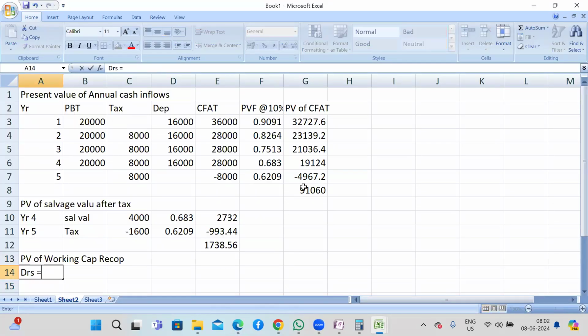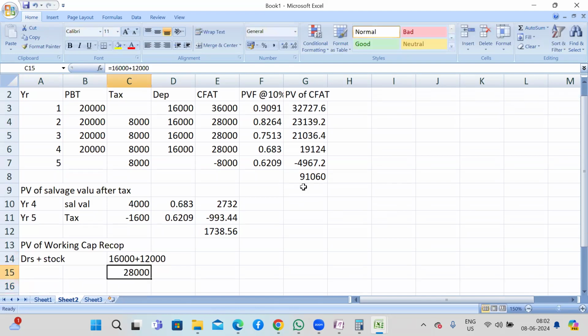So debtors plus stock, that is 16,000 plus 12,000. This is my working capital. So I'm going to recover 28,000 in year 5. Year 5 present value factor is 0.6209. So my present value will be 17,385.